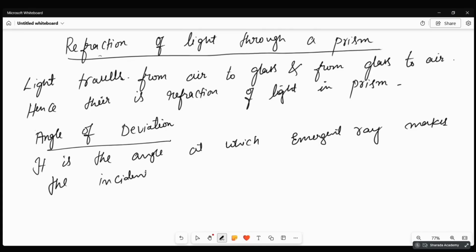Anyway, you get it. So here, write down this: angle D is equal to angle I plus angle E minus angle A.